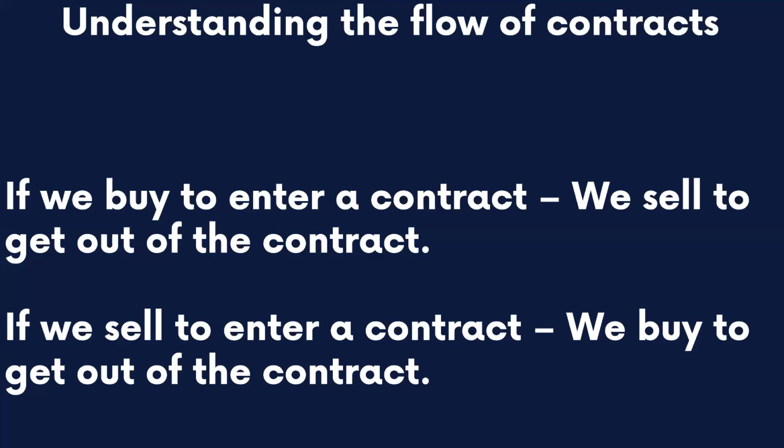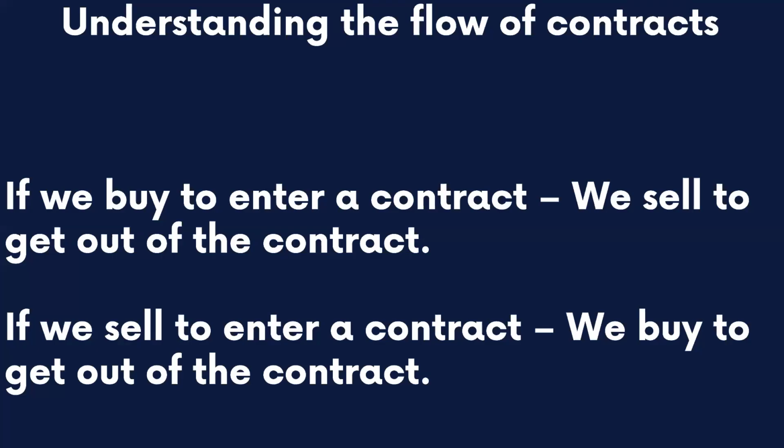So if we enter a contract to sell a contract, then we're agreeing to deliver a certain amount of a commodity at a certain date. Right? So if we buy to enter, we sell to get out.